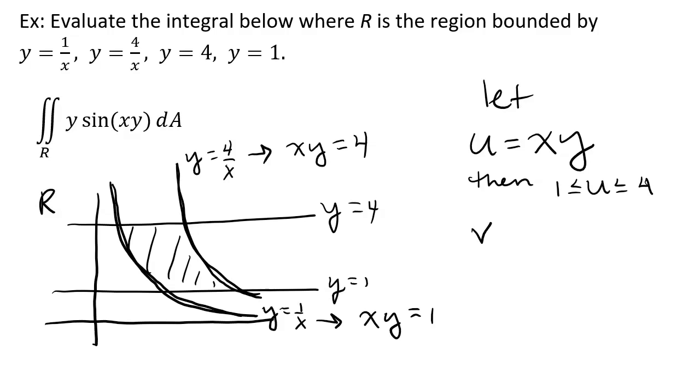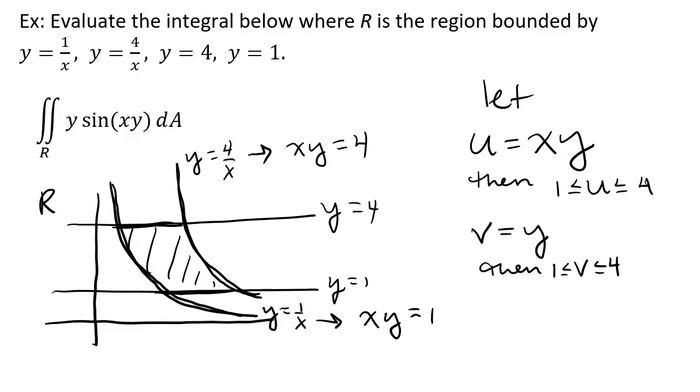And then my other variable, if we're then trying to create kind of a rectangular region, we could go from this bottom curve to this top curve. Now both of those are just defined by y equals. We could just simply let v equal y. So then v goes from also 1 to 4.